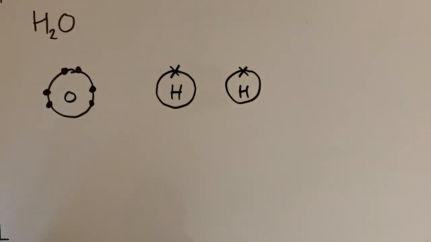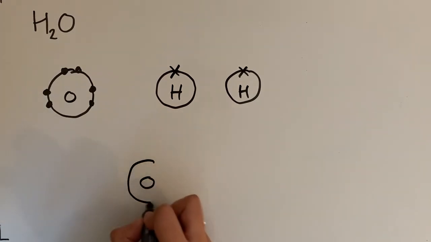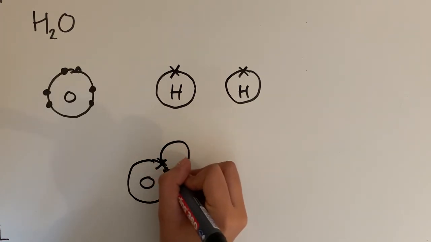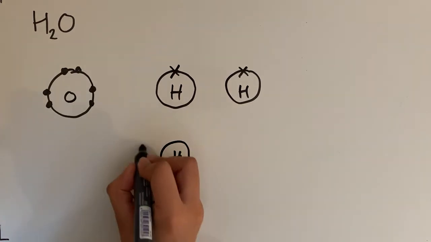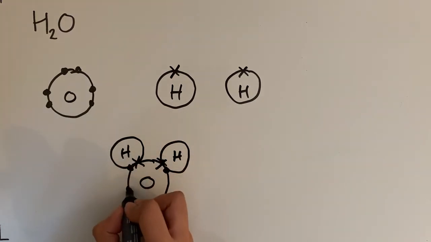When these overlap, remember, all atoms want to have a full outer shell of electrons, or you can say they want to achieve the configuration of the nearest noble gas. So when these overlap, our oxygen is going to overlap with this hydrogen here, and with this hydrogen over here.